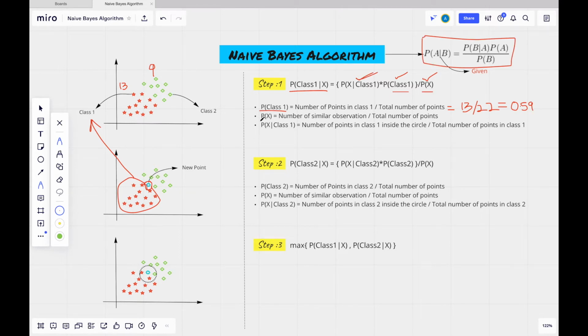Now we have probability of x. Probability of x is the number of similar observations divided by total number of points. What this algorithm does is it creates a circle.